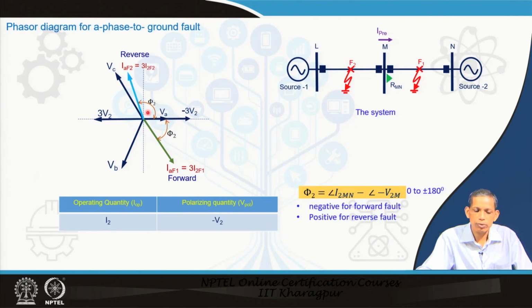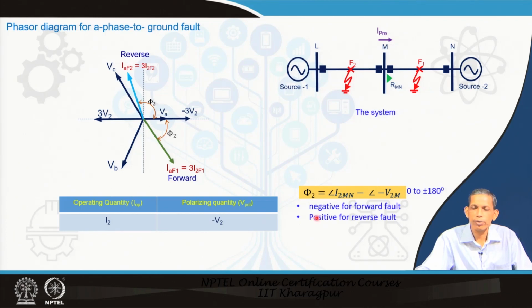For the F2 fault, which is a reverse fault for this relay, phi 2 becomes positive, because I2 is leading minus 3 V2, similar to what we observed in the VT sequence approach. So, the conclusion is that phi 2 becomes positive for a reverse fault.